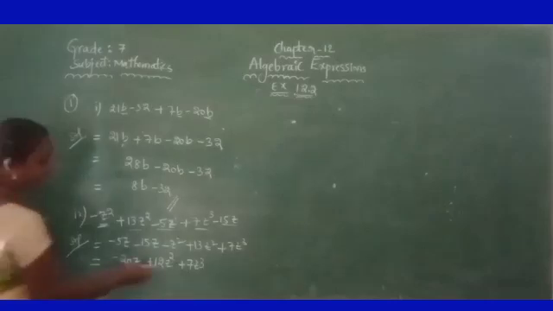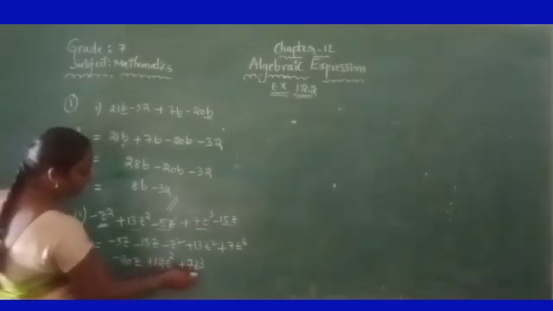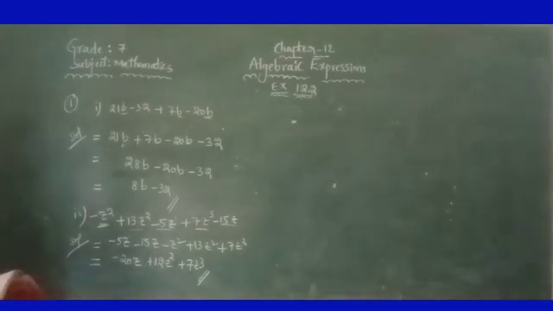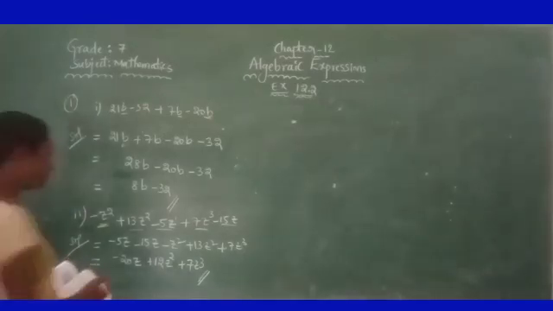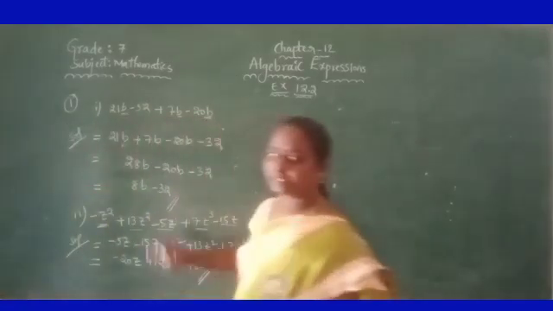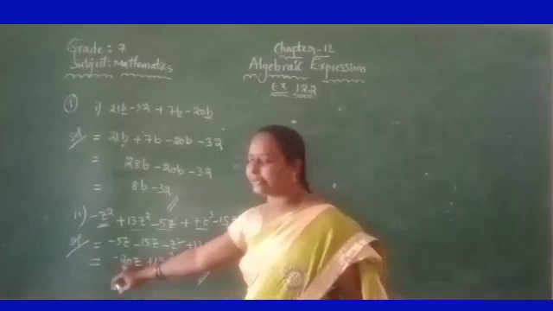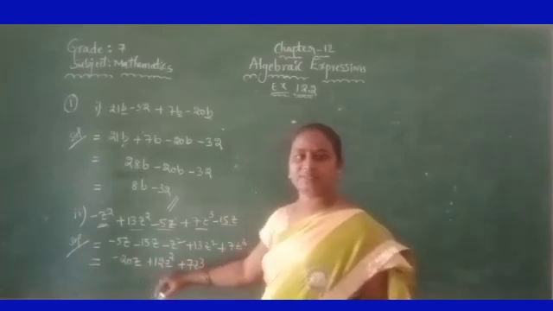Tell me children, is it possible to subtract? No. So that is the answer: minus 20z plus 12z square plus 7z cube. Otherwise you can write 7z cube plus 12z square minus 20z also.